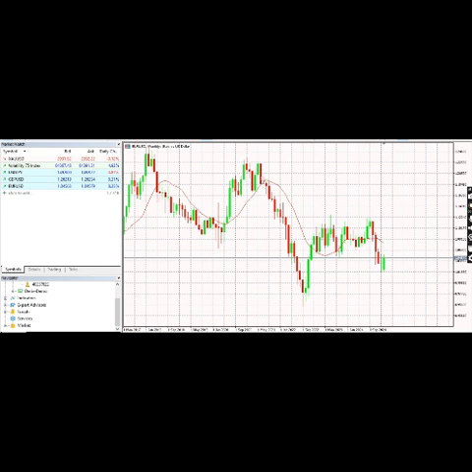This is called a candlestick. The green represents Euro. The red represents USD. So the green is you, Samson, and the red is me.